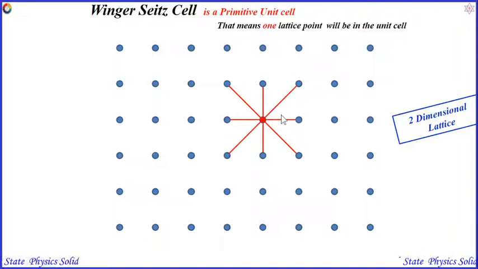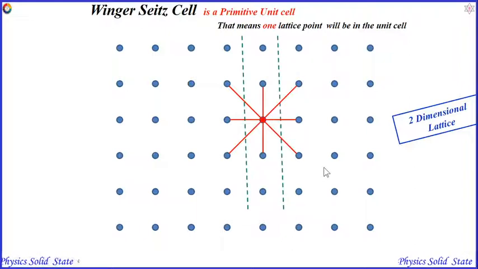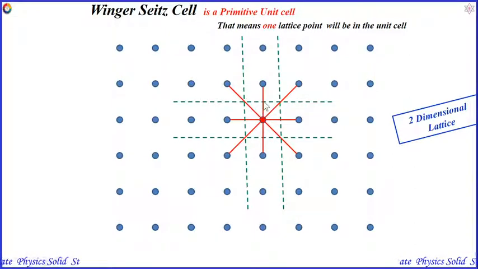So the perpendicular, or the normal, for this line and this line will be like this. Likewise, the perpendicular for this line and this line will be this one. So these normals are going through the middle point of the line.